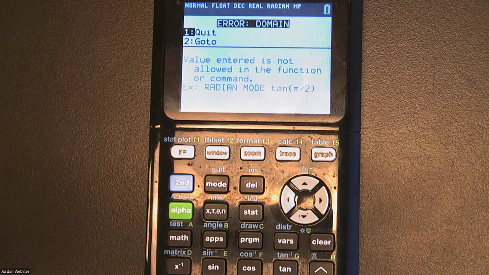That means our lowest value that we can input into inverse sine is -1, and our highest value is +1. They get that? So our domain goes from -1 to +1 because that is how far the unit circle stretches down and up.